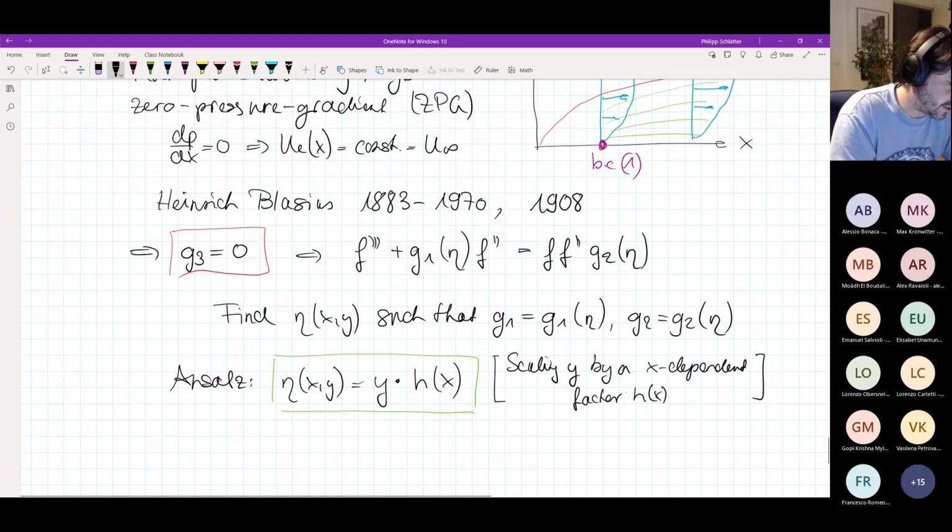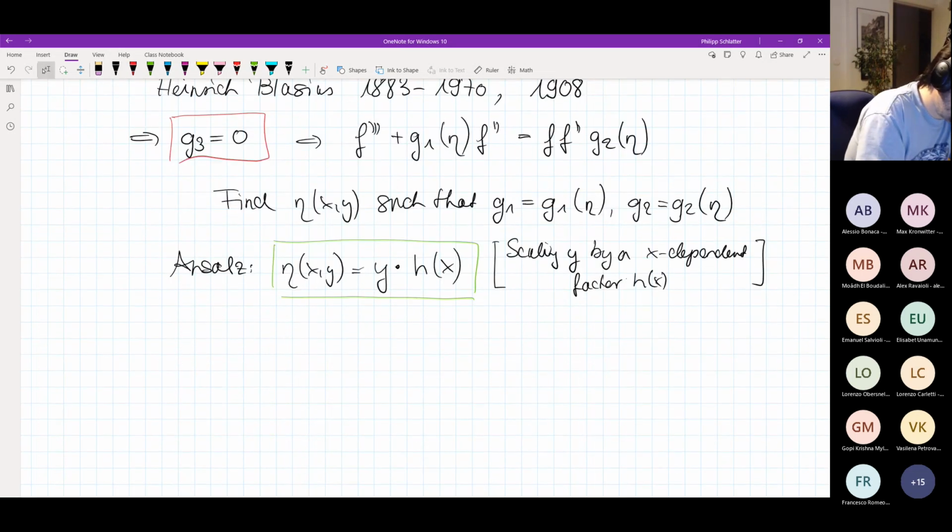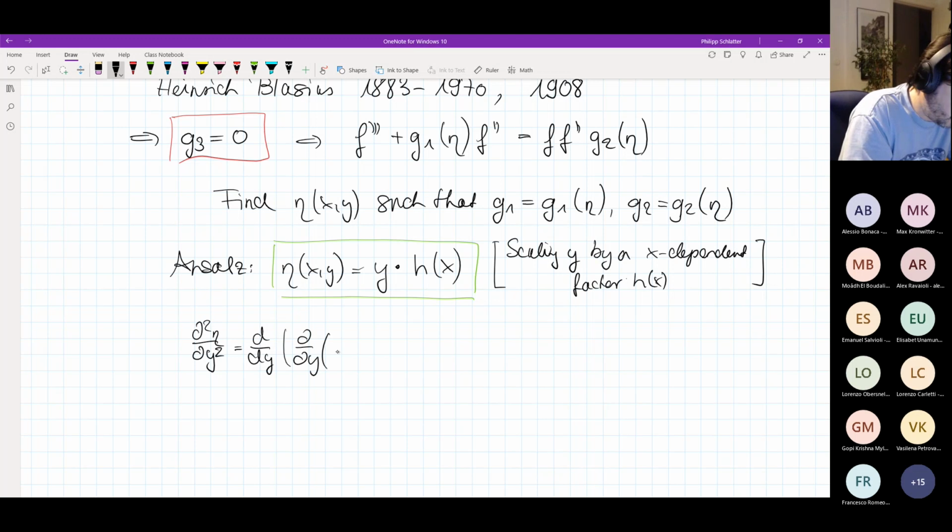So now, if we do that, then we can calculate G1 and G2 by replacing eta with h. It's quite interesting to see, if I start by looking at the various terms, for instance, the term d squared eta dy squared. This becomes d/dy of d/dy of y times h of x.